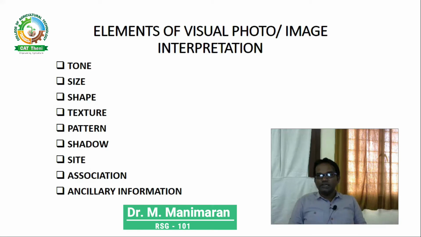We studied the characteristics of electromagnetic radiation, including absorption, scattering, and transmission. Apart from that, I explained about spectral signature and spectral reflectance also. I think you are familiar with these topics.